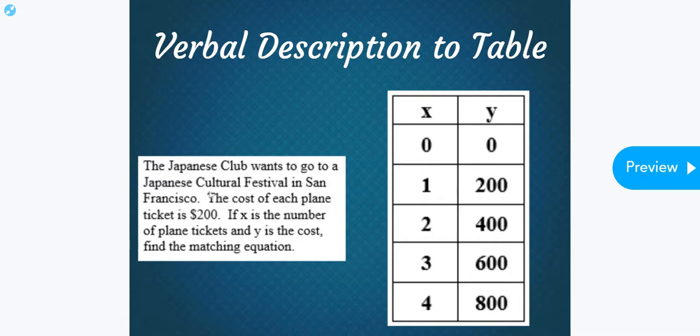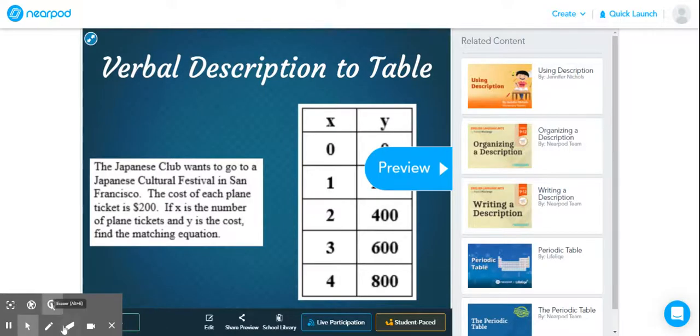So what I see here in this example, it says the Japanese club wants to go to the Japanese Cultural Festival in San Francisco. The cost for each plane ticket is $200. If X is the number of plane tickets and Y is the cost, find the matching equation. Well, in this case, we were finding the matching table. But what I just wanted to look at with this story is those pieces that we find in there.